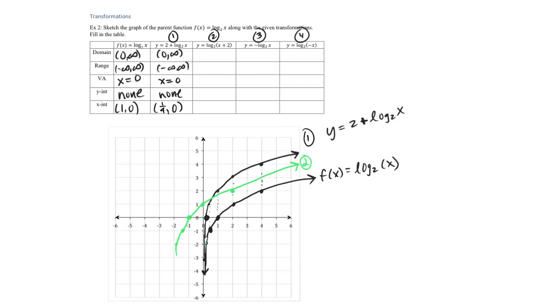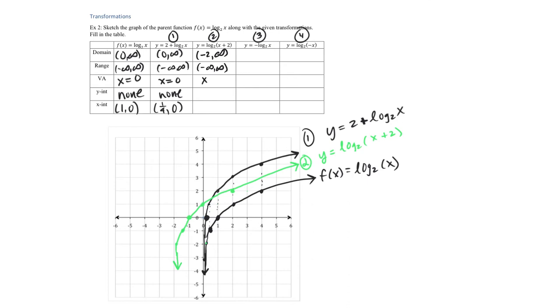Okay, so that was number 2, y equals log base 2 of x plus 2. When we go in and add 2 inside to the input, that's the horizontal shift. So here our domain has scooted back to -2 to infinity. Our range is still everything.